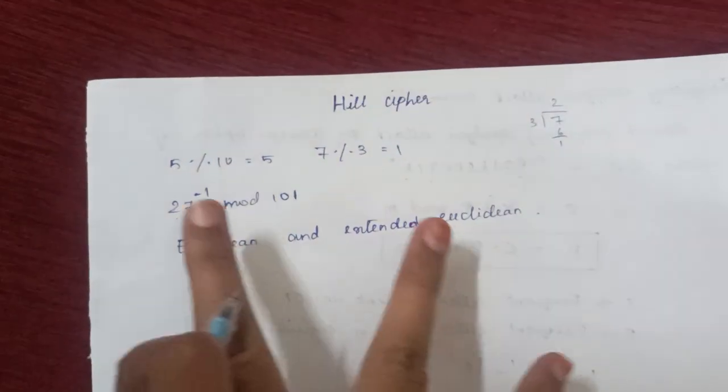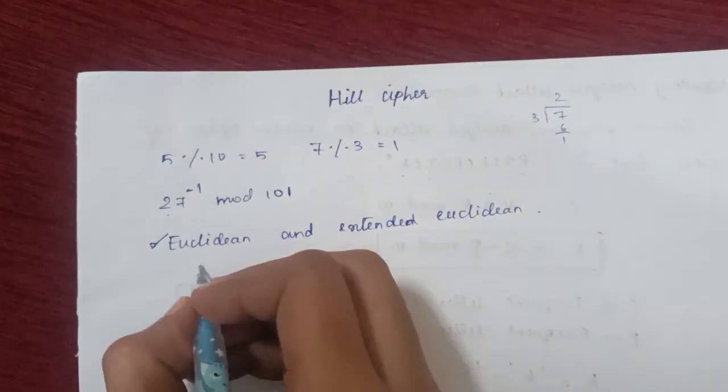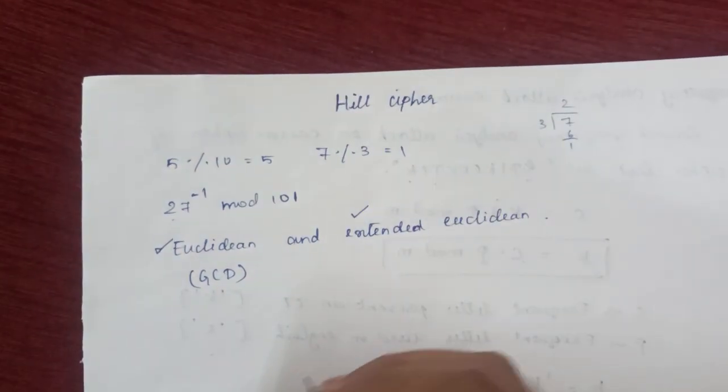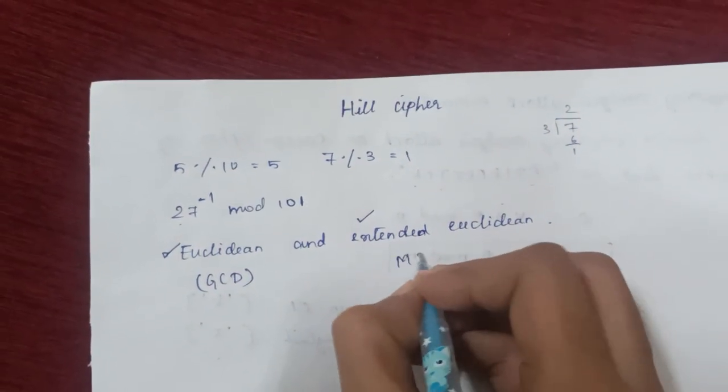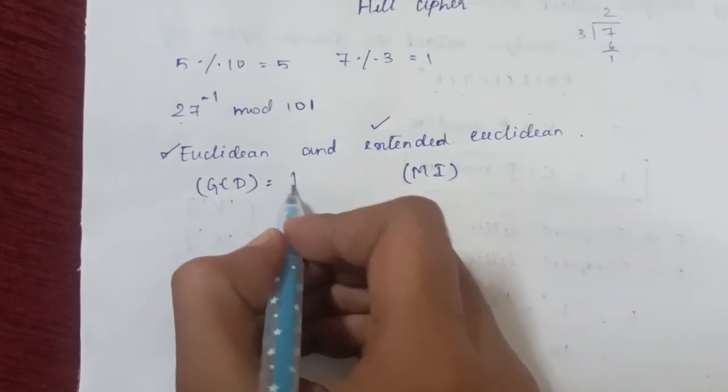Why do we use both these algorithms? The Euclidean algorithm is used to find the GCD, and the extended Euclidean algorithm is used to find the multiplicative inverse. All we have to do is first check whether the GCD is equal to 1.